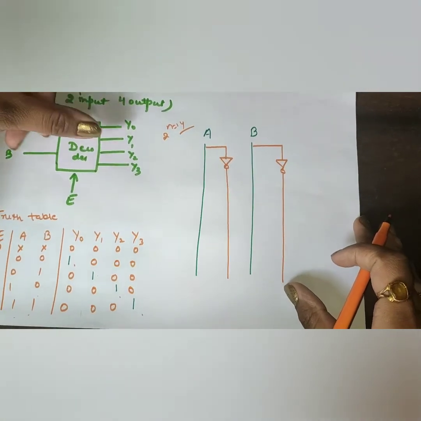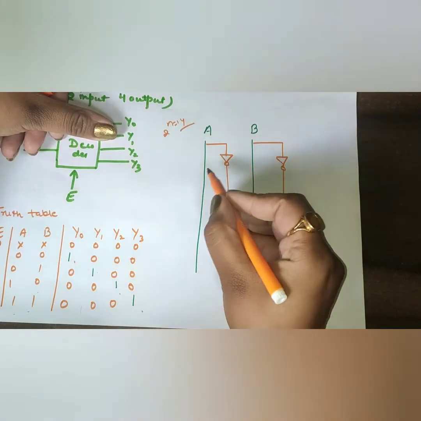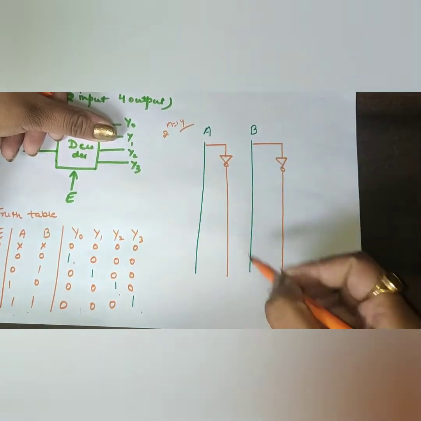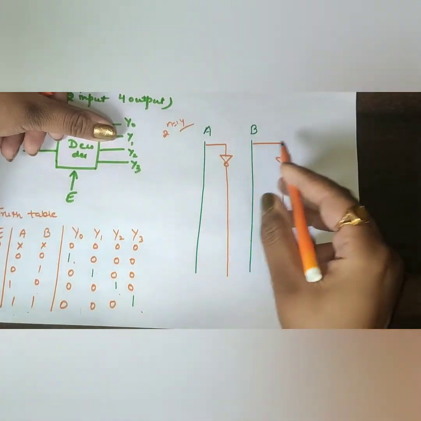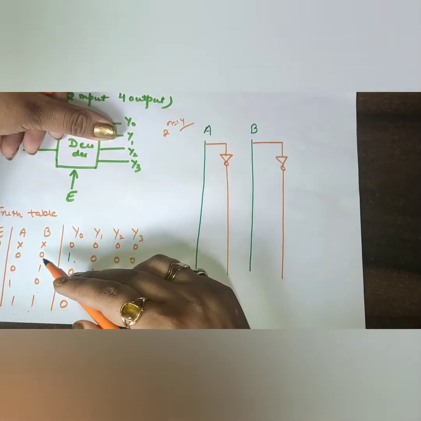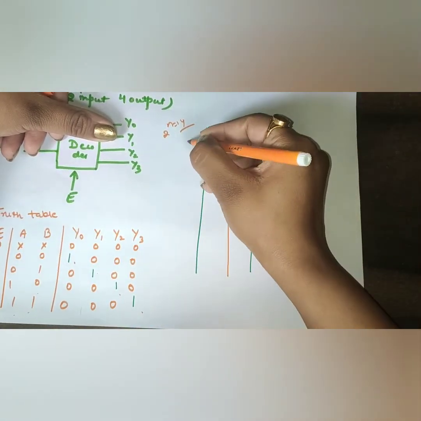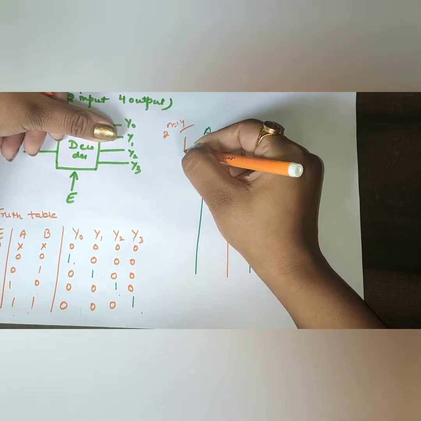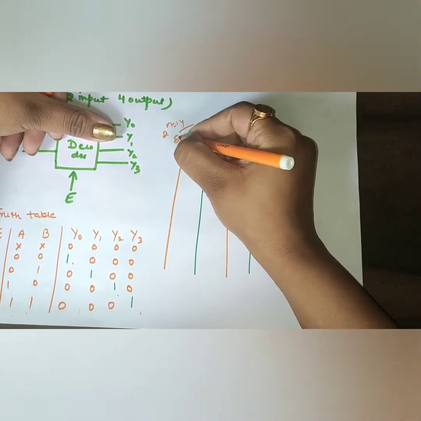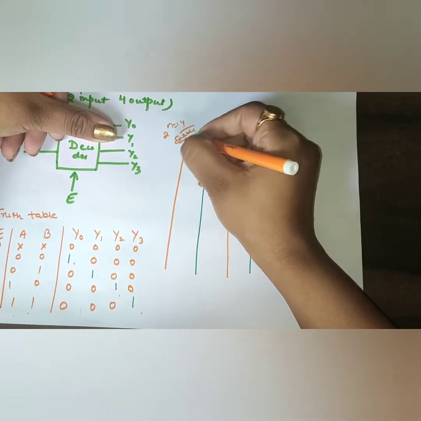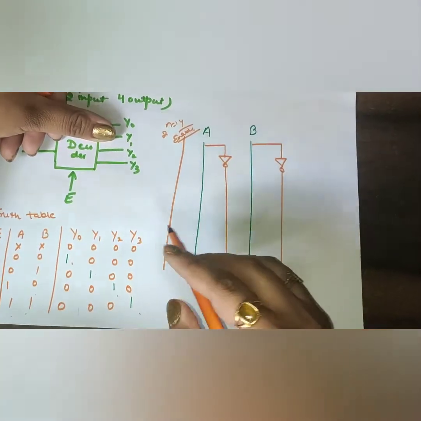Now how can we make this? So this is the A, B signal and this is for A bar and B bar. Now the enable signal is 1. You can also make this enable signal 1 always.